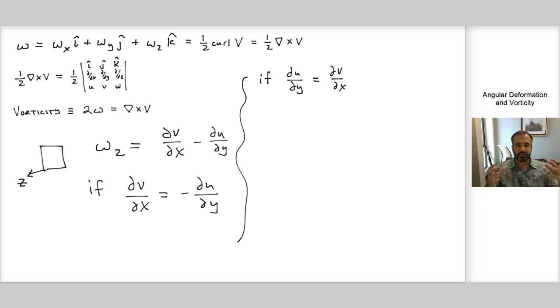So if dv dx and du dy are equal, then omega z is equal to 0, and there's no rotation. Hence, you'll also see del cross V is equal to 0. Okay, and you've seen that before in our assumptions of the Bernoulli principles. And this is what we're talking about. It's irrotational. There's no rotation in the flow.